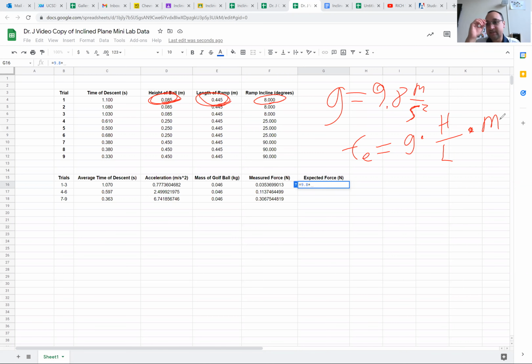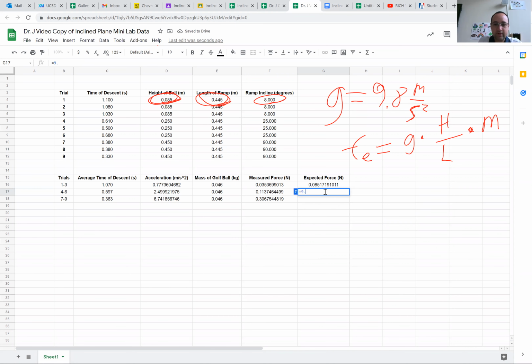So it's mass times expected acceleration. So I type 9.8 times the height, which is in cell D4, divided by E4, because that's the length of the ramp, all multiplied by the mass, which is E16.